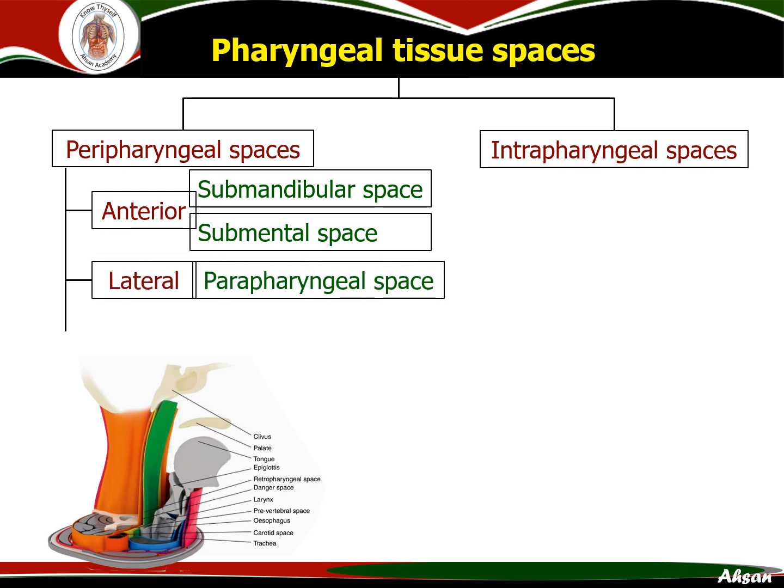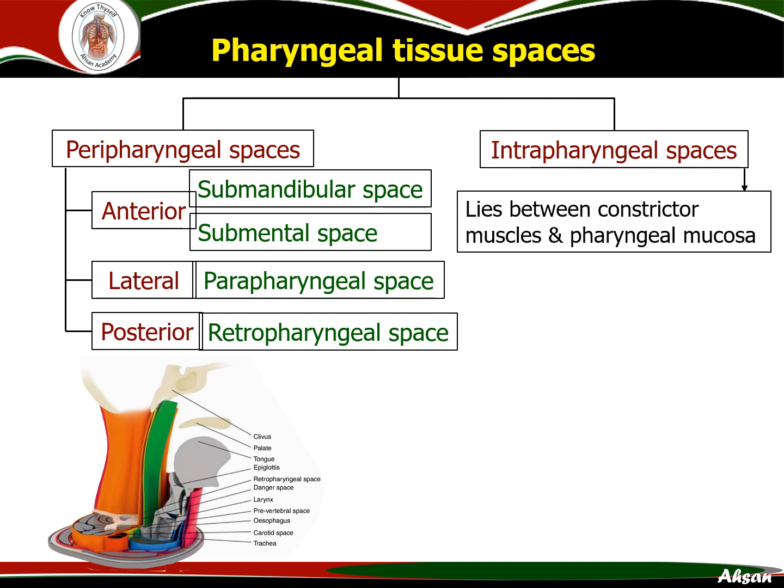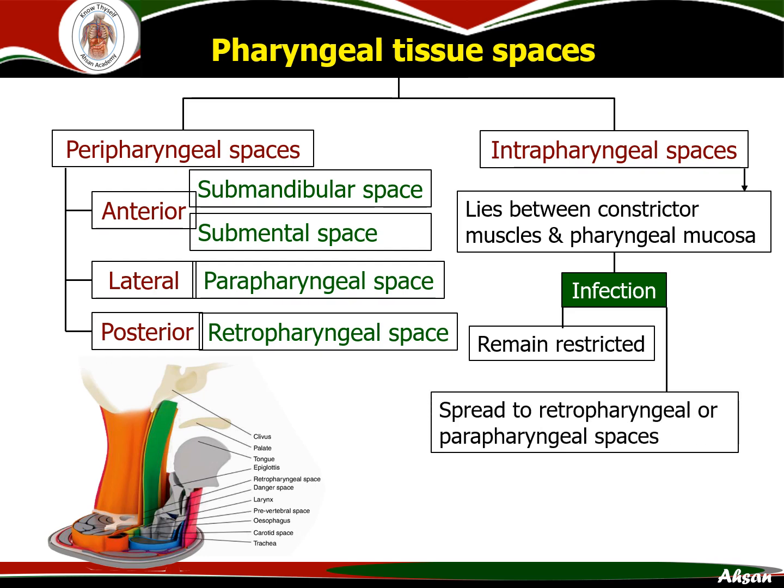Lateral to the pharynx, the space is known as the parapharyngeal space, and posterior to the pharynx is the retropharyngeal space. The intrapharyngeal space lies between the constrictor muscle and the pharyngeal mucosa. So in this plane, an infection may remain restricted to the space, or it can spread to the retropharyngeal or parapharyngeal spaces.